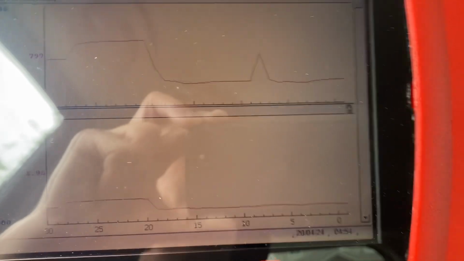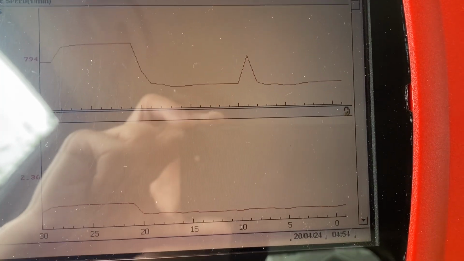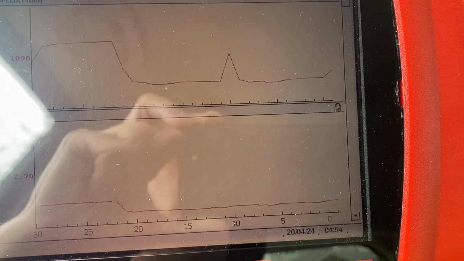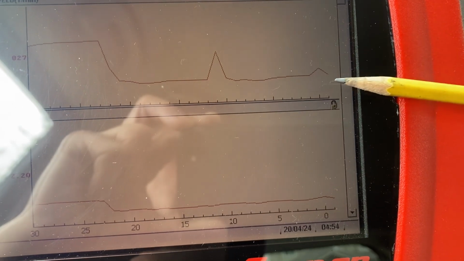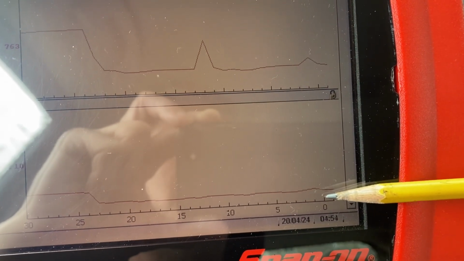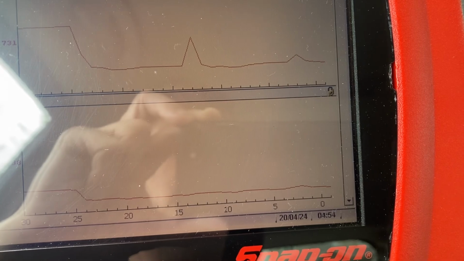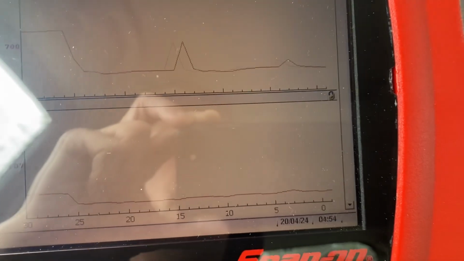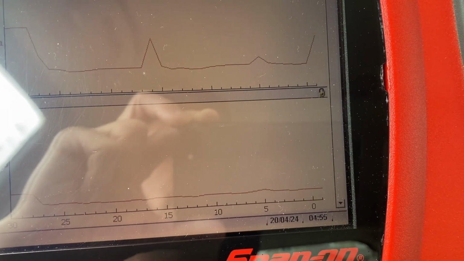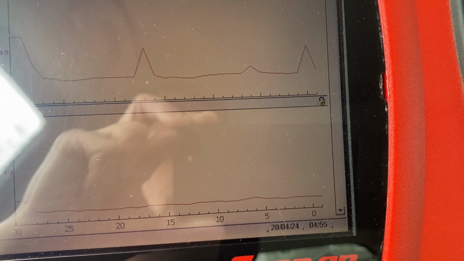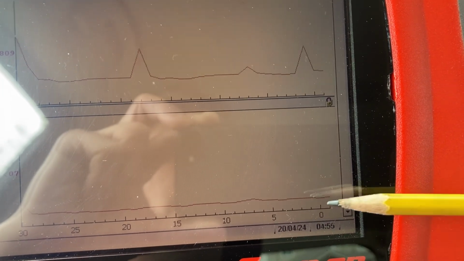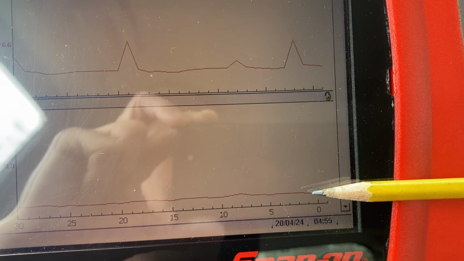I'll do it again. It's a wee bit slower. So there's the RPM increase. And again, very little change on the mass airflow. That doesn't seem right to me.